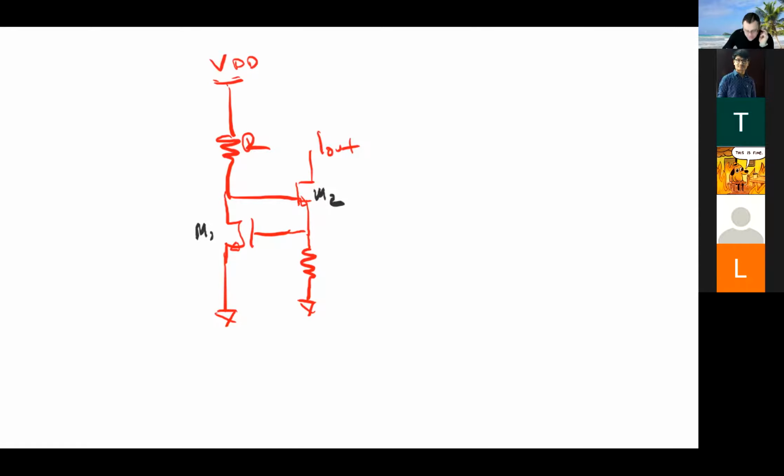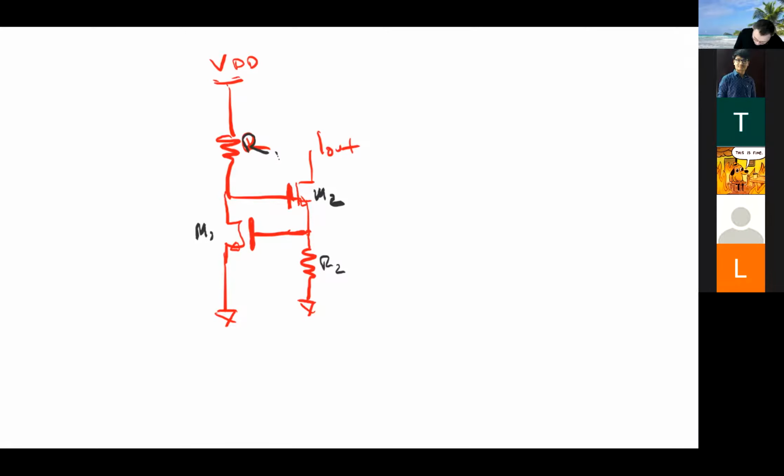We have two NMOS transistors, not drawn very well, but I promise they're NMOS, and two resistors, one that we'll call R1 and this one that we'll call R2. The question is, how do we analyze this? How do we get the result? I just wanted to spend a few minutes talking about this particular circuit.